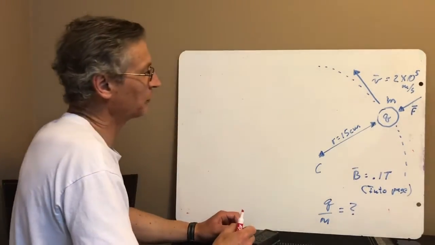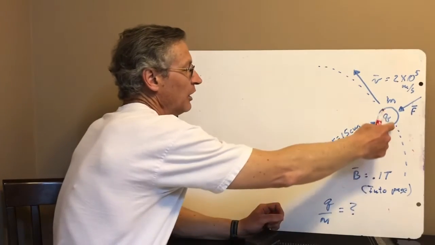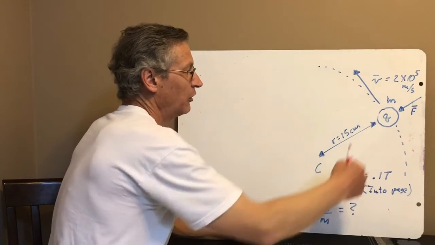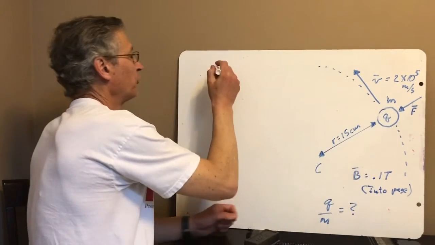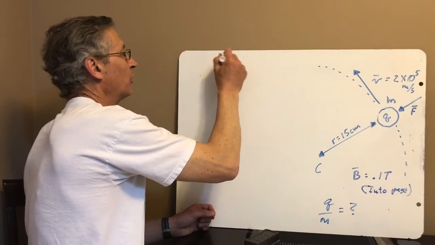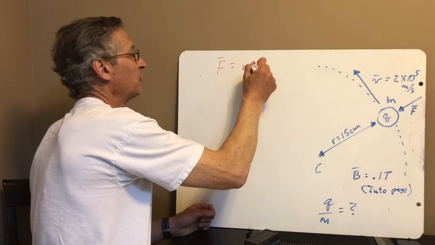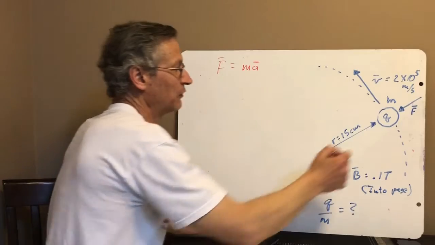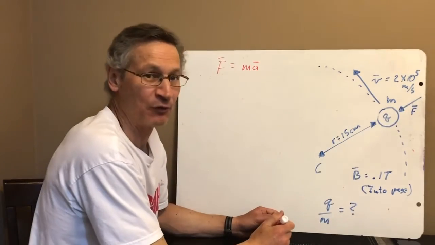Okay, so what do we know about this situation? Well, we know this charge, it's moving in a circle. If it's moving in a circle, it's accelerating in towards the center of the circle. So the force is equal to the mass times the acceleration. The force, that's the magnetic force, right?